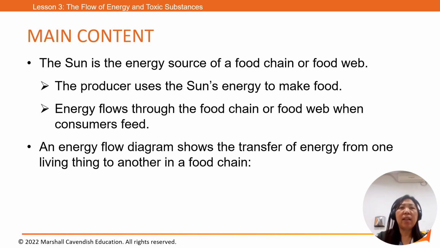So do you think that all the energy obtained from the sun will be transferred from the grass to the mouse? Hmm. In the food chain or the food web, not all energy is transferred from one living thing to the next.